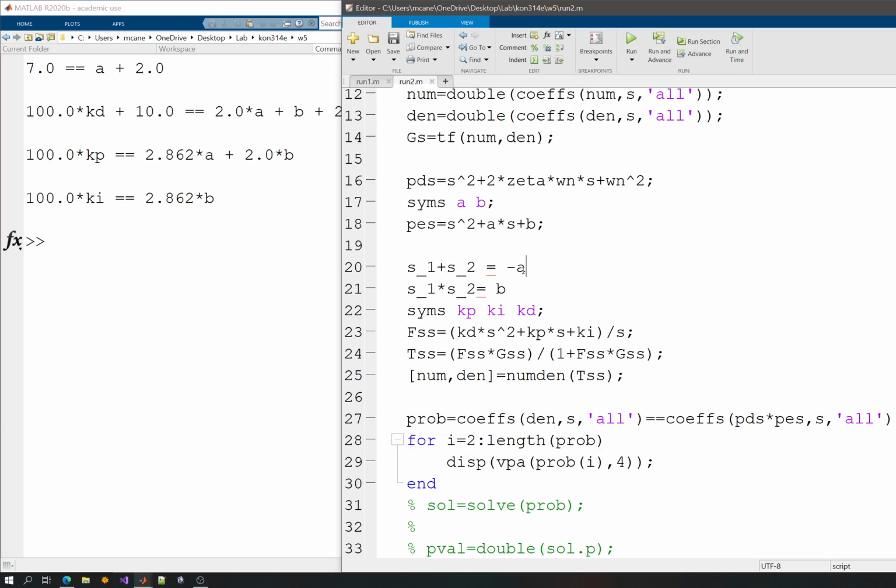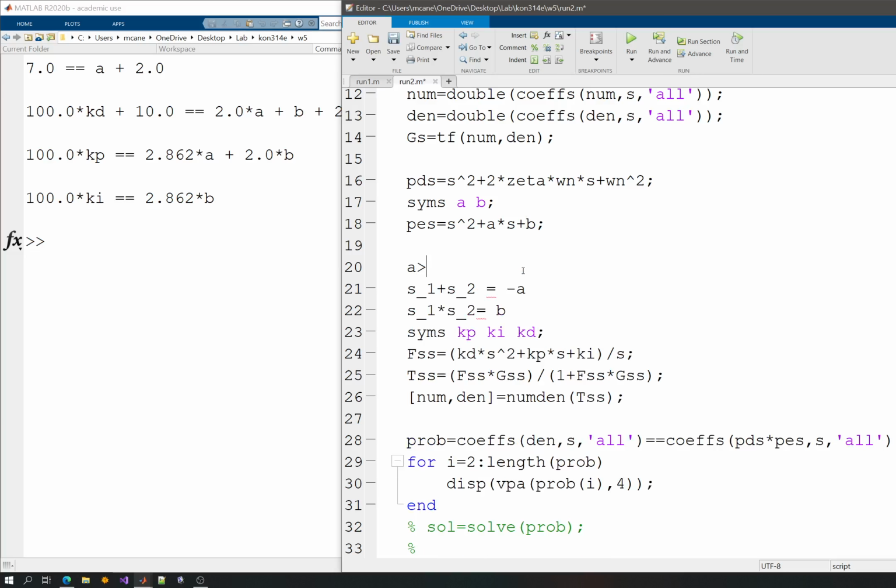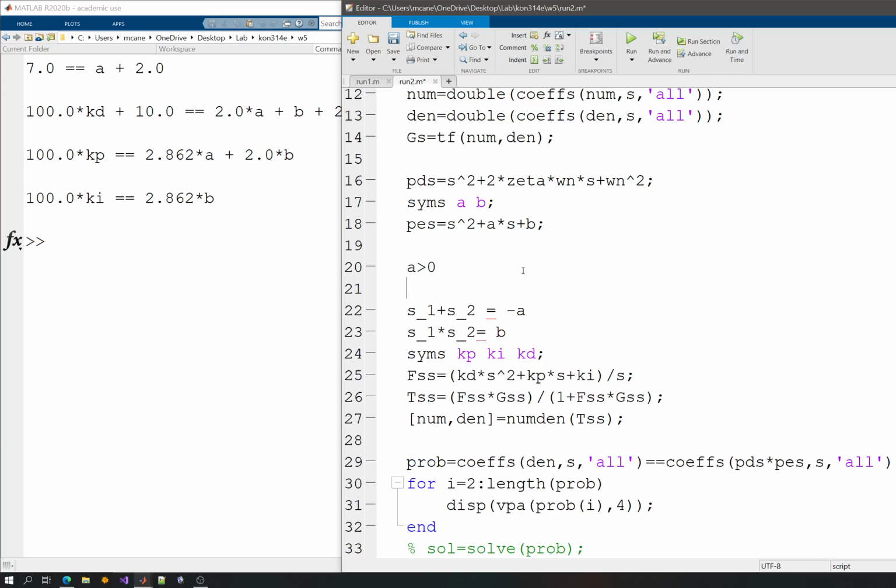Now, I can see that if a is positive, then the sum of my poles will be negative, so they will be stable. So for stability, a should be positive. And since the multiplication is b, if b is positive, that means that both have the same sign. So basically, having b positive is also needed for stability.